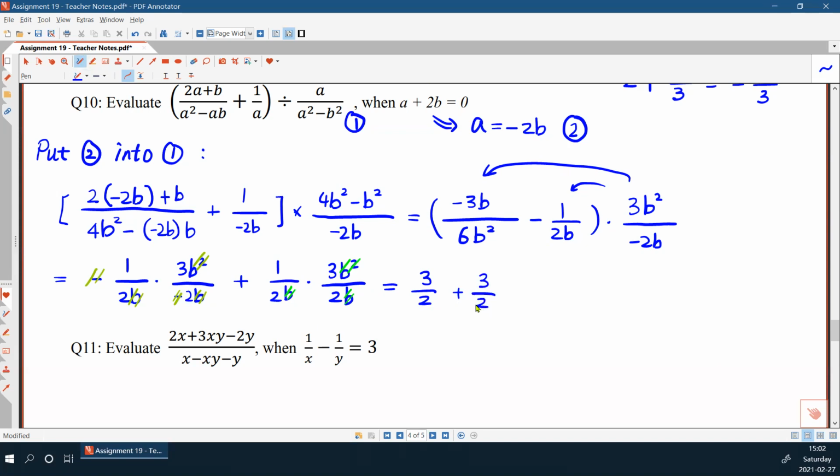Sorry, not 3 over 2, 3 over 4, right? Because we have 2 here. 2 by 2 is 4. Okay, 3 over 4 plus 3 over 4, also a 4, right? So this gives you 3 over 2. This is the final result, right? Okay, did you get it?